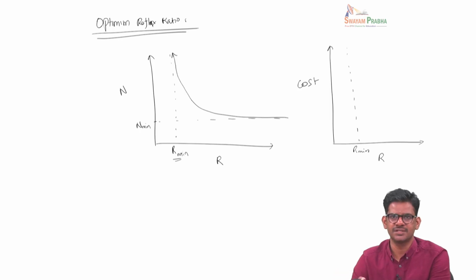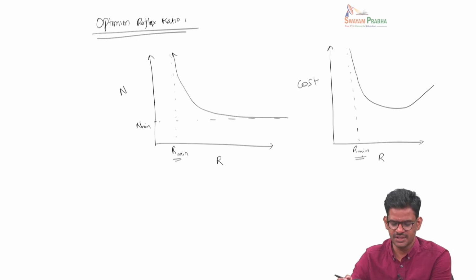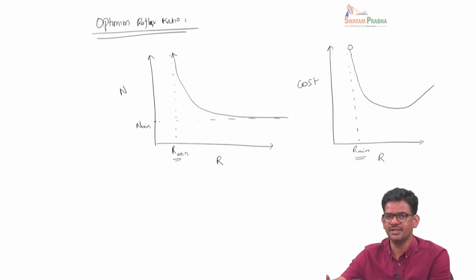The fixed cost or the capital cost typically goes something like this, where when R is R minimum, the number of stages is infinite, so the cost involved in setting up a very large column will also be very high, and as we increase the reflux ratio, the cost comes down, reaches a minimum and then goes up.